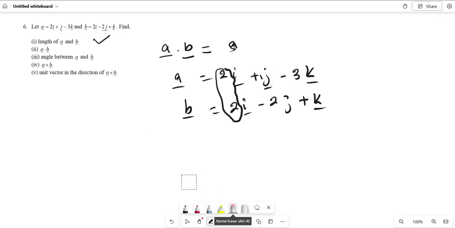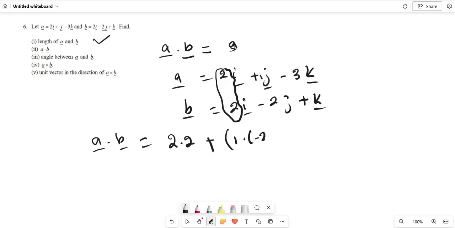Right, now to get the dot product, you want to multiply the corresponding elements here. So A dot B means here 2 into 2 is 4, plus here 1 into minus 2, and plus here minus 3 into plus 1.